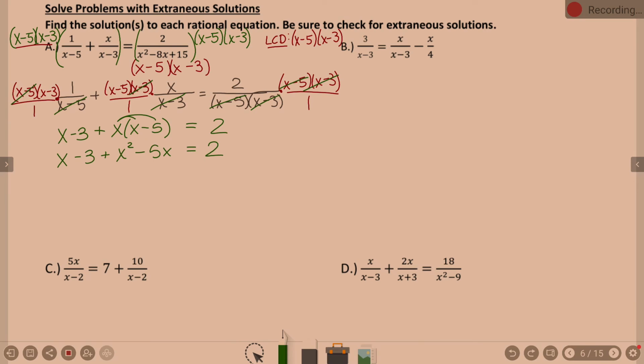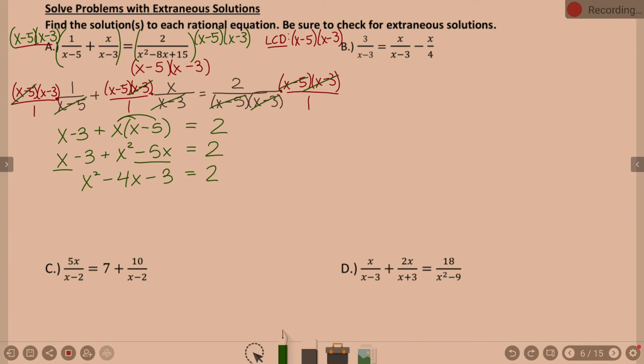What do we get when we clean up that left side? I'm going to move my x squared term out front. And I have x minus 5x, which is minus 4x. Then I have a minus 3 and an equals 2. Thoughts on what to do next? Pause that thought.